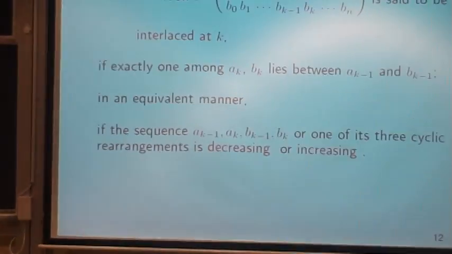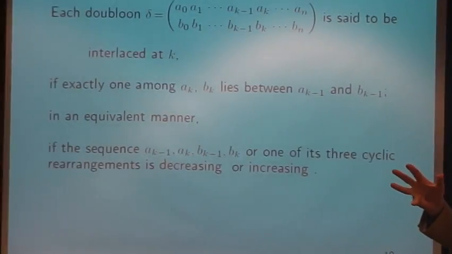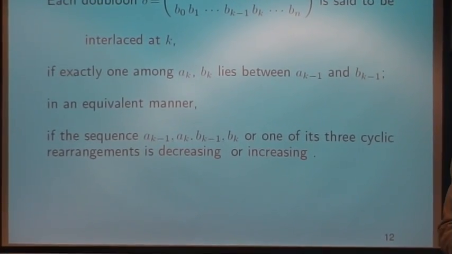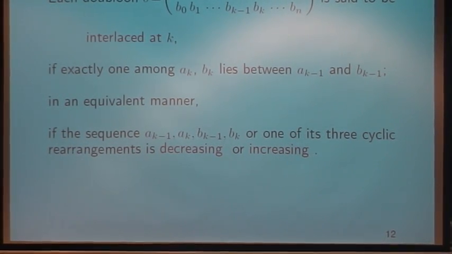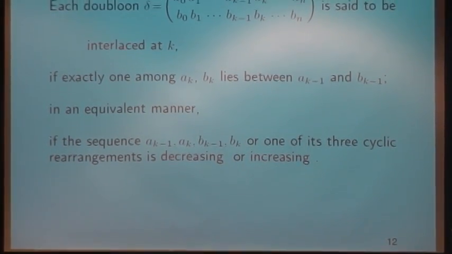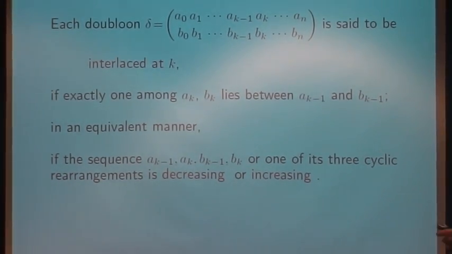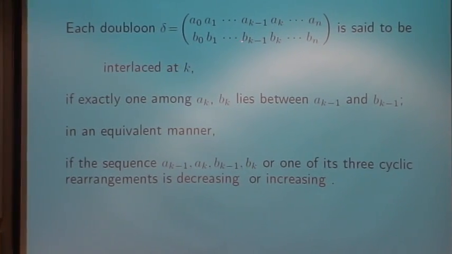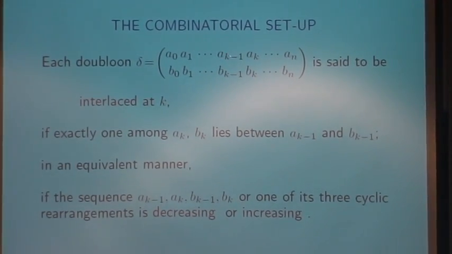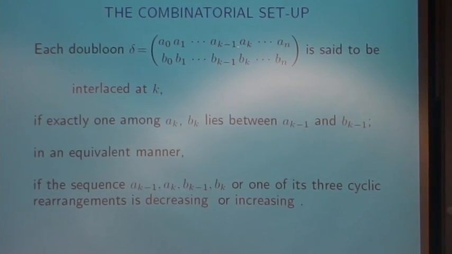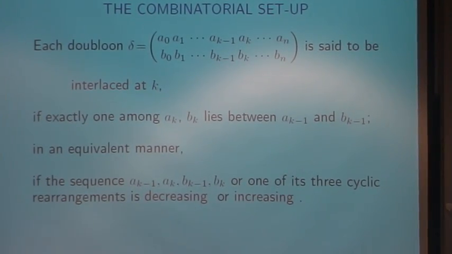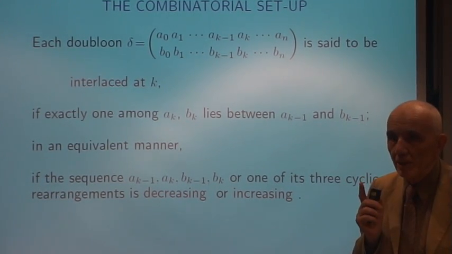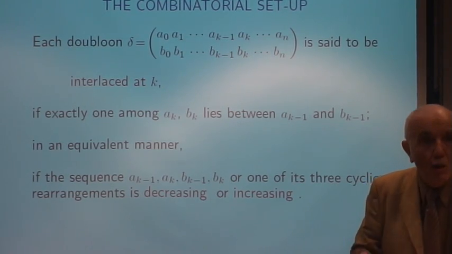Now, first exercise. There are 24 possibilities, as I explained before, to write four integers. And now it's interlaced at k if, and that's important to know, the sequence A_{k-1}, A_k, B_{k-1}, B_k, in that order, like a Z, or any of its three cyclic rearrangements, is decreasing or increasing.